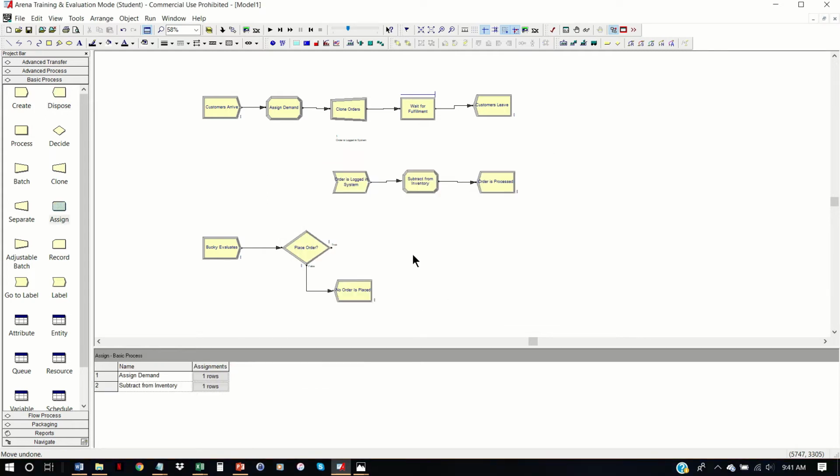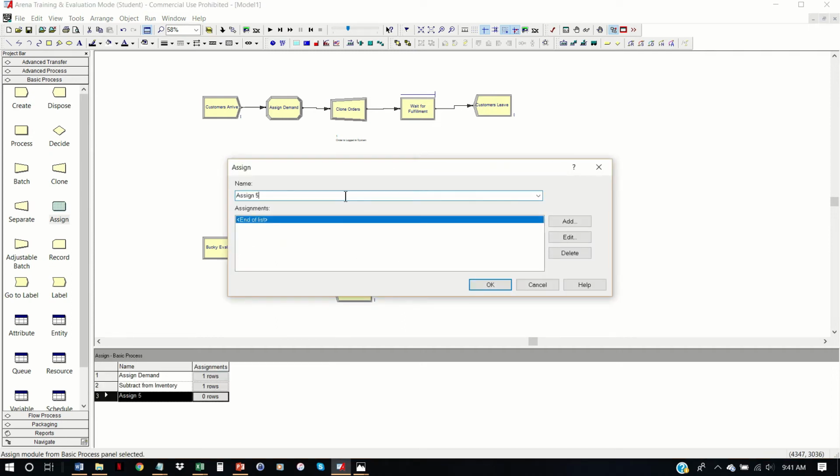And then if an order is placed, Bucky needs to determine how much to order. So we're going to put in an assign here, and we're going to say assign orders, determine order size and costs.